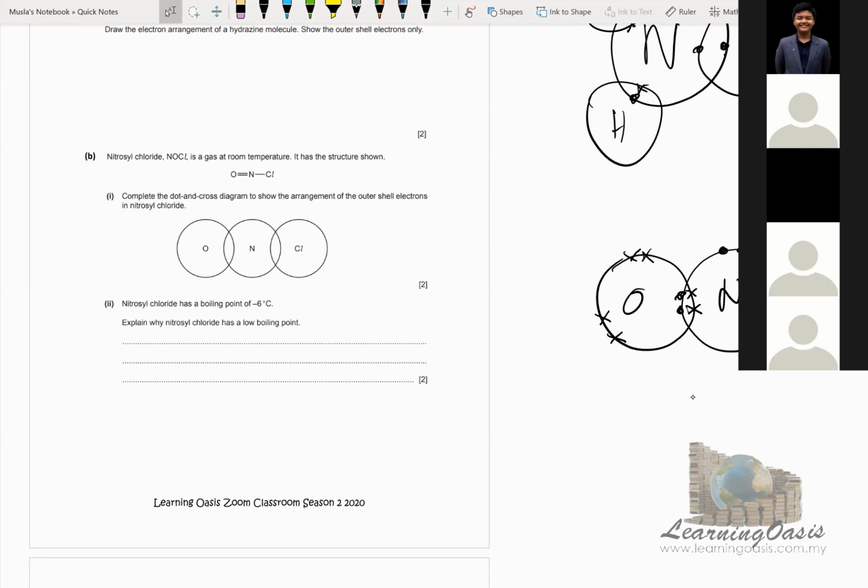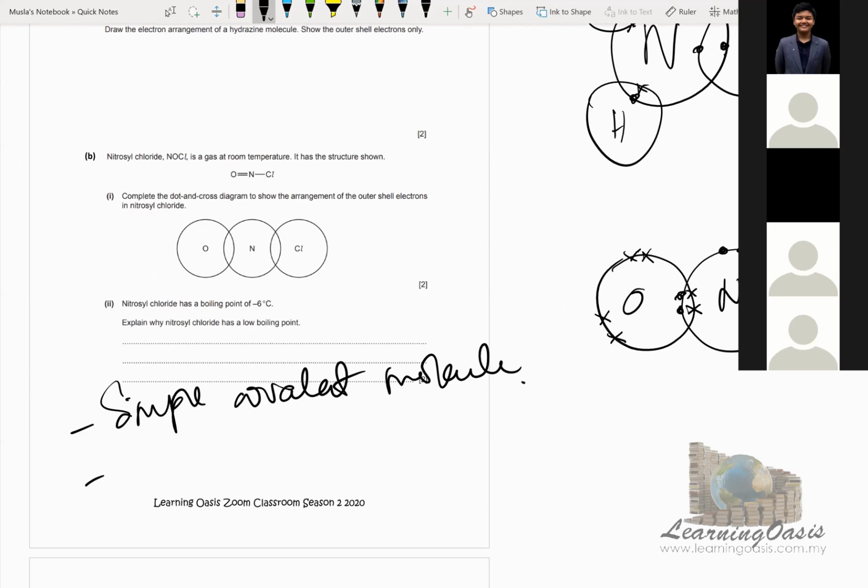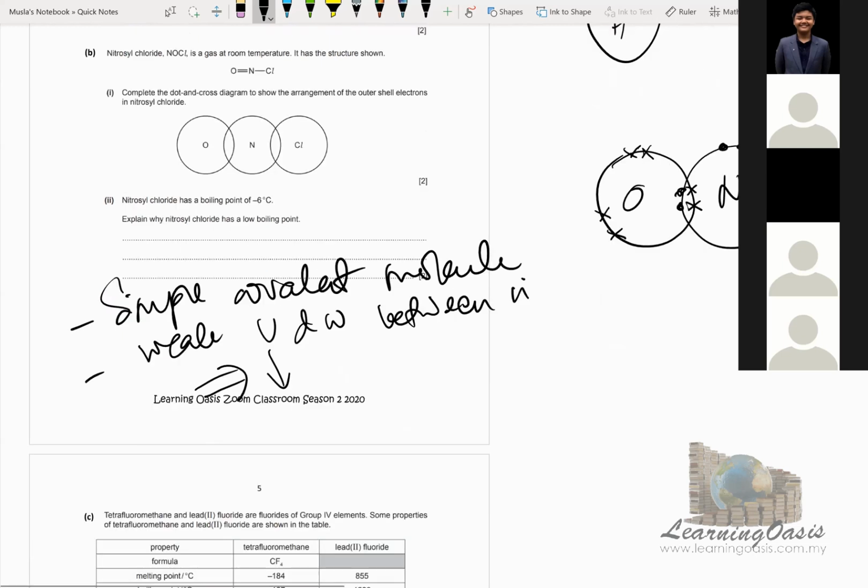Okay, so nitrosyl chloride is simple covalent molecules. So it has weak van der Waals forces between the molecules. Okay, if the topic says weak intermolecular forces, if you don't remember this, which requires less energy to overcome the bond.